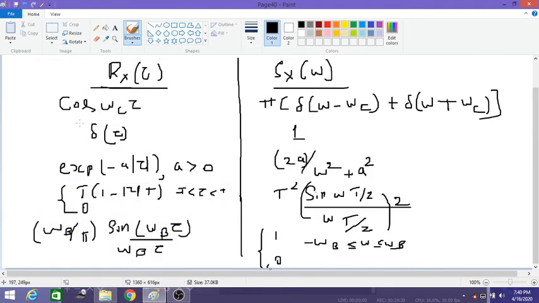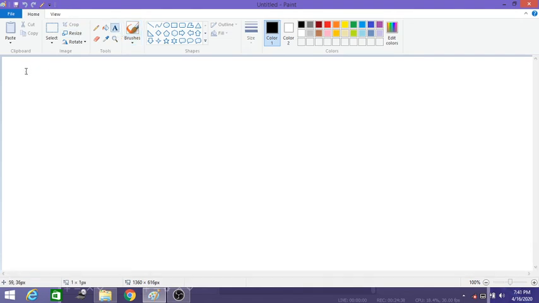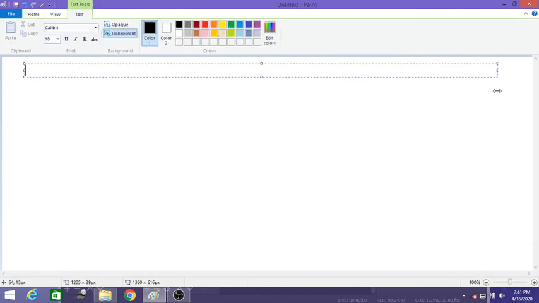Let us quickly look into one simple example. Let me write and define it here. Determine the PSD of the random process x of t, which I'll define below and plot.